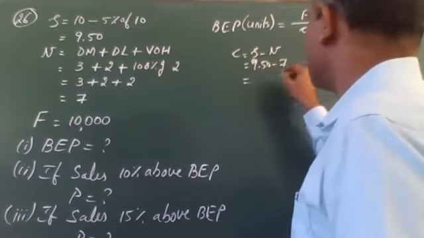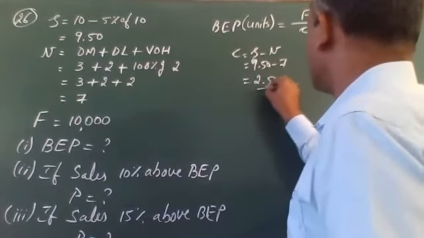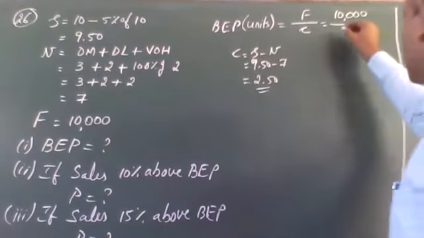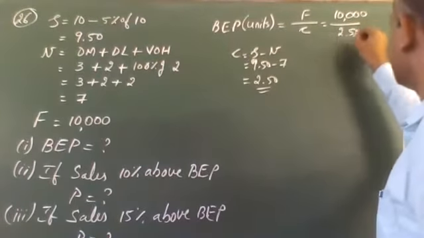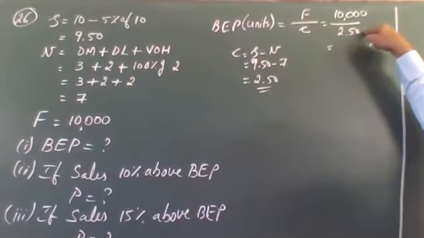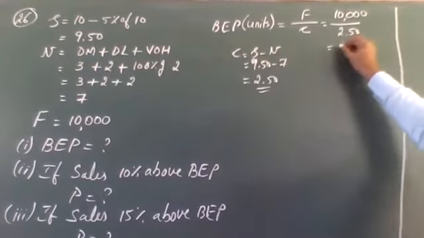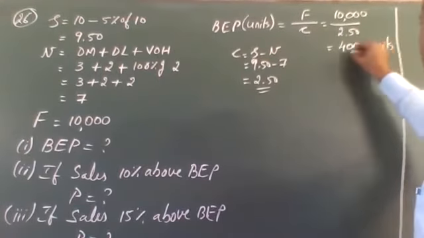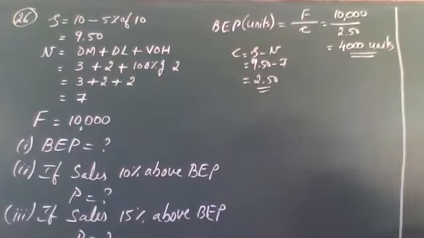So 9.5 minus 7 is 2.5. So contribution per unit is 2.50. So 10,000 divided by 2.50 gives you the first answer: 4,000 units. 4,000 units is the break-even point in terms of units.